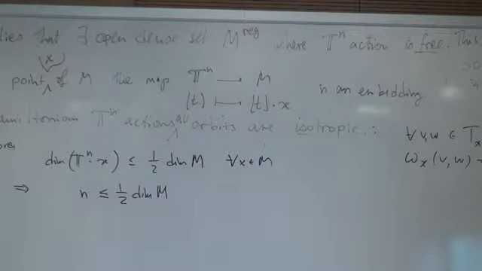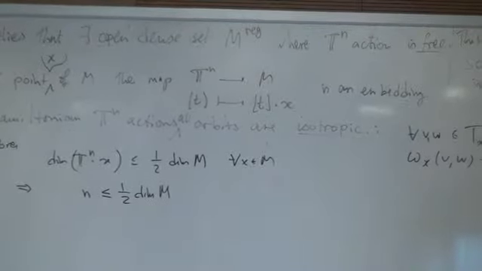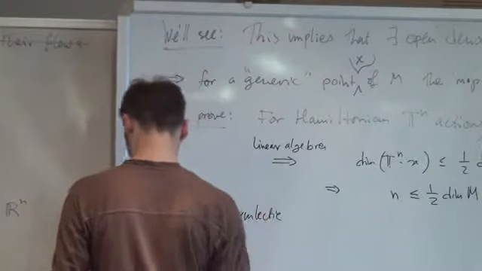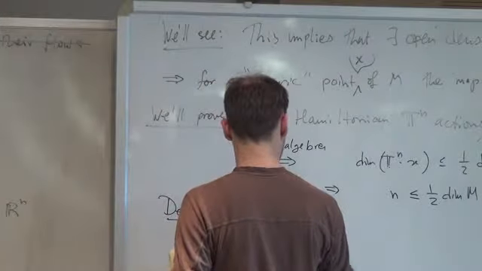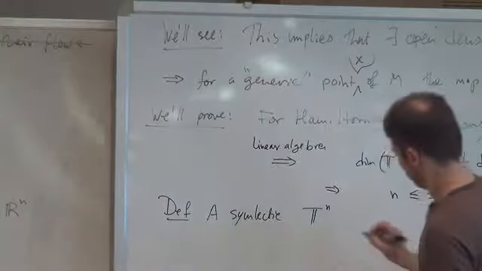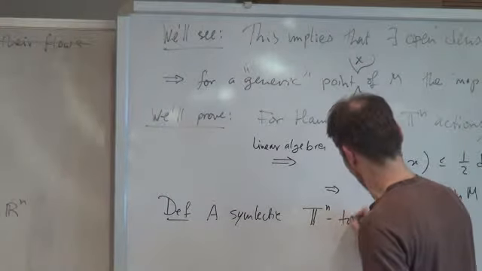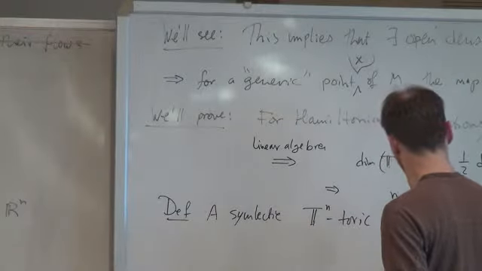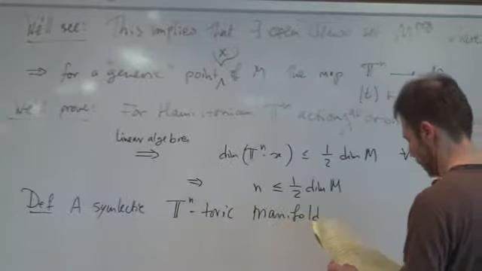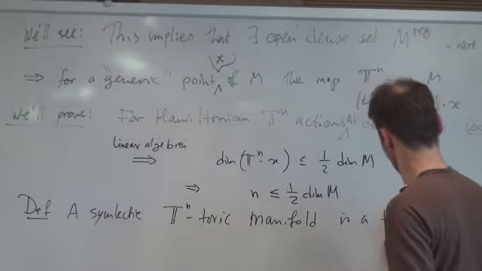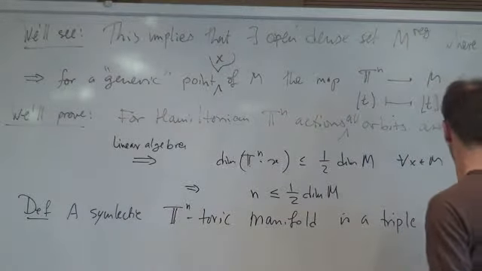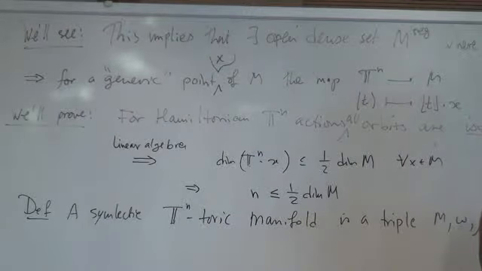So here's a definition. A symplectic, let me keep my group in the definition, Tn toric manifold is a triple M, omega, mu from M to Rn.